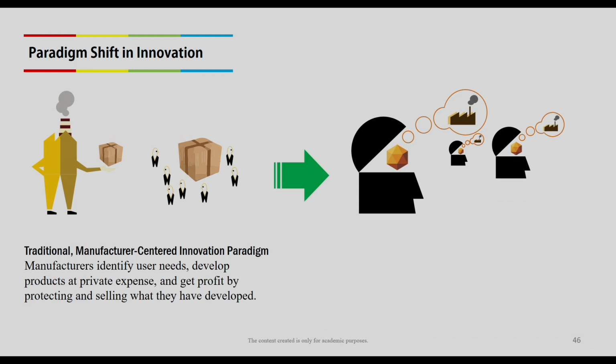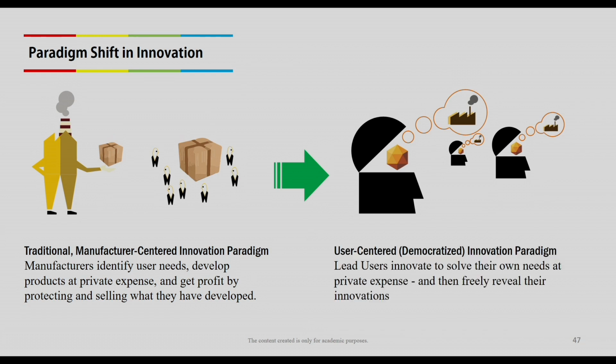Nowadays, this paradigm is shifting to user innovation. In the user-centered innovation paradigm, lead users innovate to solve their own needs at private expense, and then freely reveal their innovation.